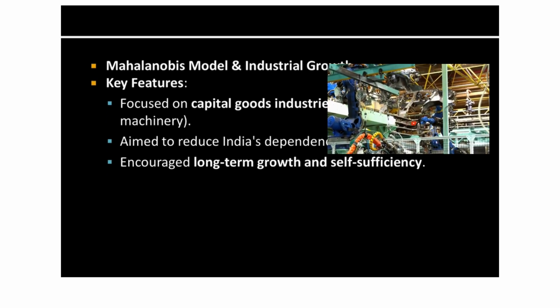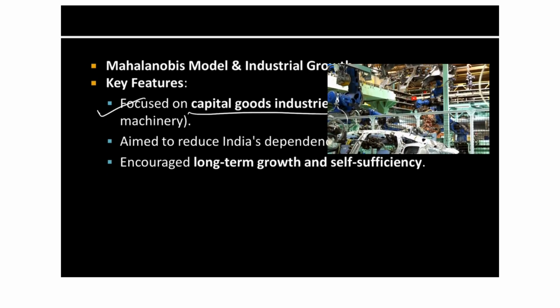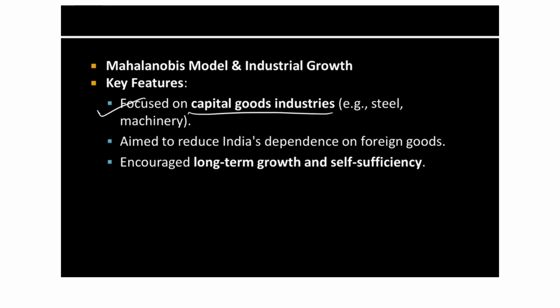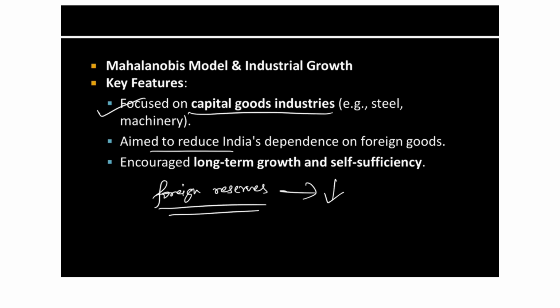The Mahalanobis model focused mainly on capital goods industries because those are the heavy industries, and aimed to reduce India's dependence on foreign goods. If we depend on foreign goods, we can be easily manipulated. If you're too dependent on foreign goods, we can be easily manipulated and our foreign reserves will be very low, right?